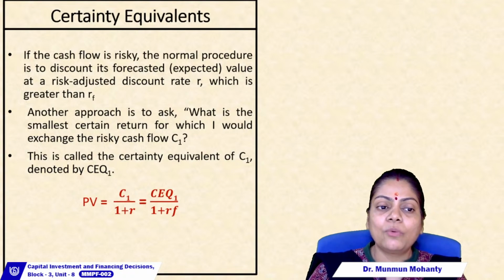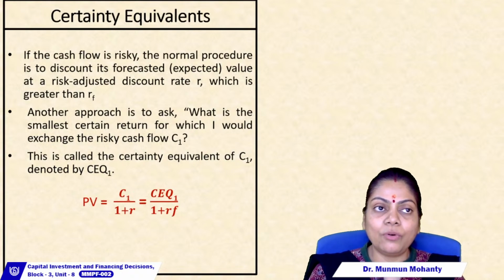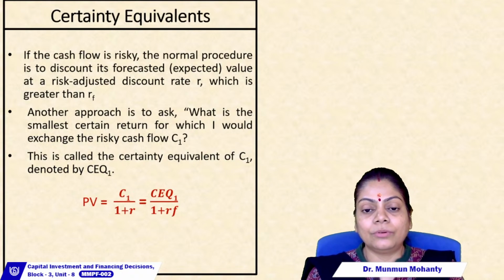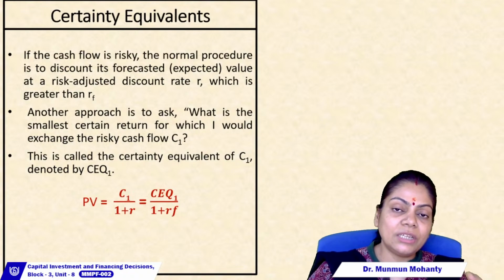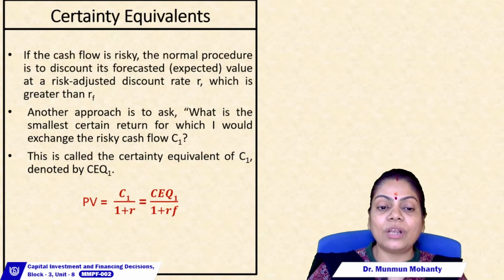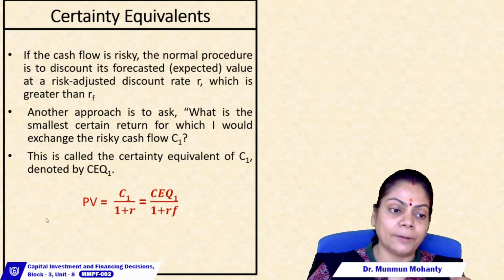Now the point is, what is the smallest certain rate of return which I would exchange for a risky cash flow? With some kind of risk, what is the cash flow? Let us say 1000 rupees with risk, or 800 rupees without risk. So what is that cash flow? That cash flow is known as the certainty equivalent of C1.